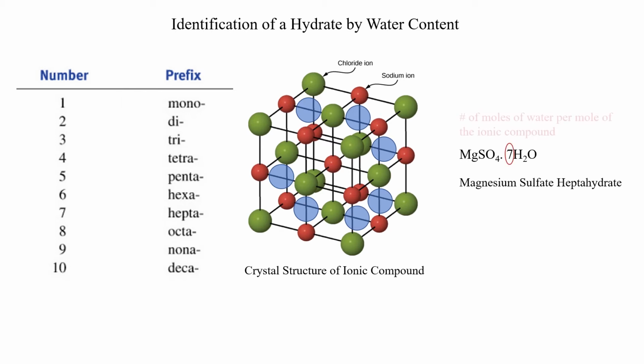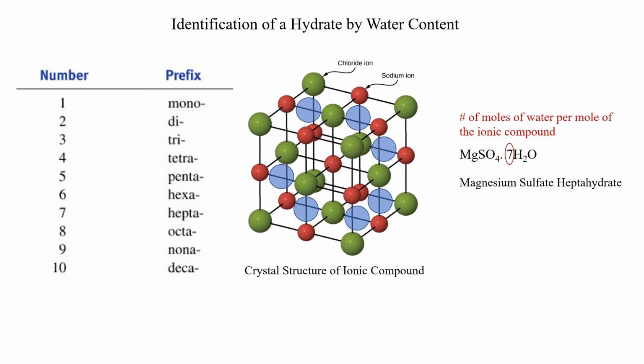Now, the number 7 indicates the number of water molecules present per unit cell of the ionic compound, or in other words, the number of moles of water per mole of the hydrate. That is what that number represents.